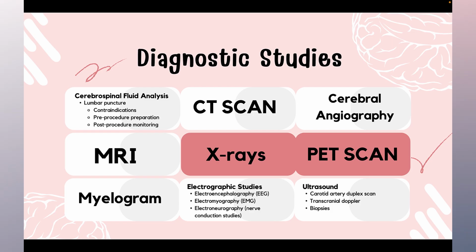Typically why we would do a lumbar puncture would obviously be to obtain CSF, like I said. Sometimes they would do a lumbar puncture to insert a catheter to measure pressures within that CNS system. And also sometimes a lumbar puncture is done to insert a catheter so that we can administer drugs intrathecally.